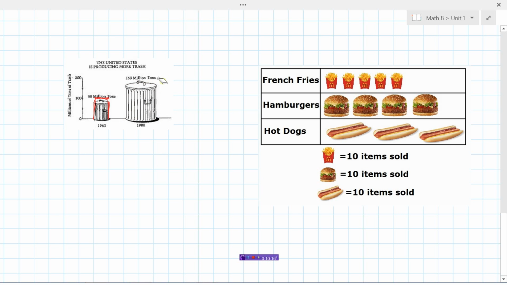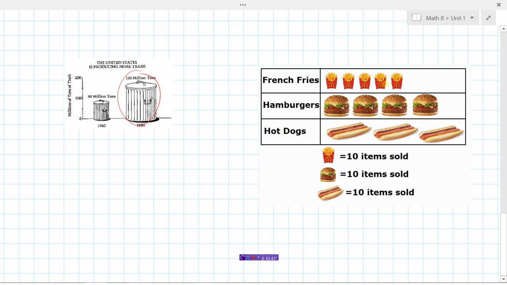So this is a misleading graph because this bar is twice as wide as this one, and it's also twice as tall. So it looks like, when you look at this garbage can right here, that it is about 4 times bigger than that one, when really it should only be about twice as big.